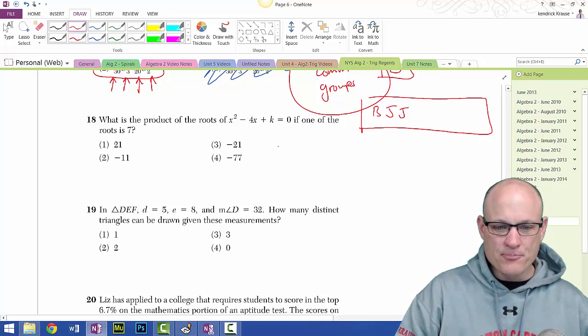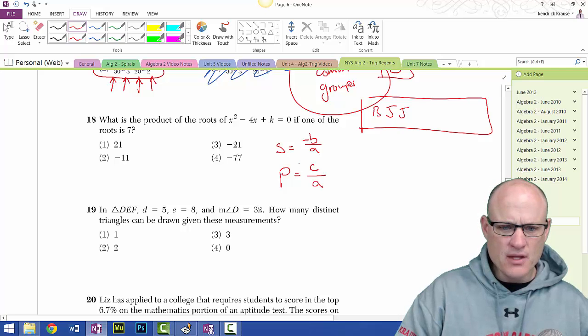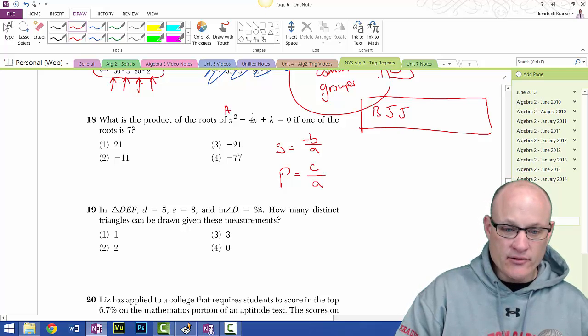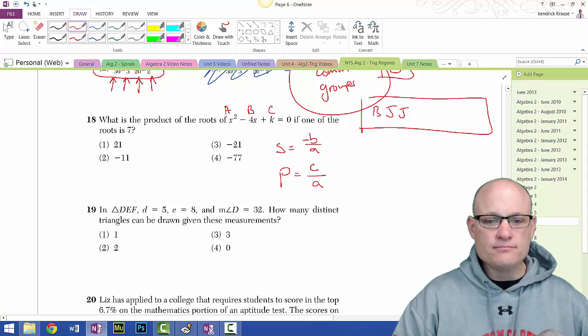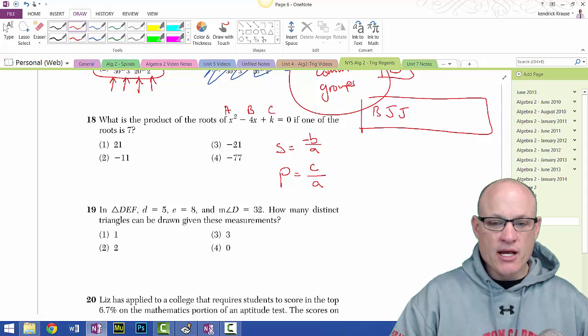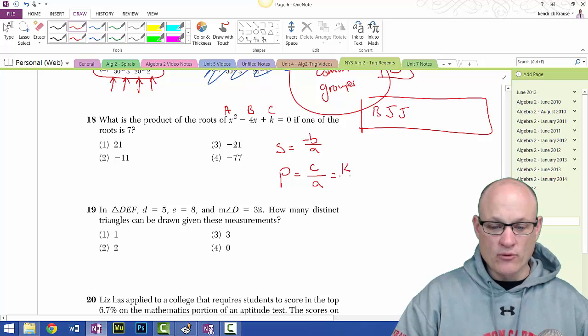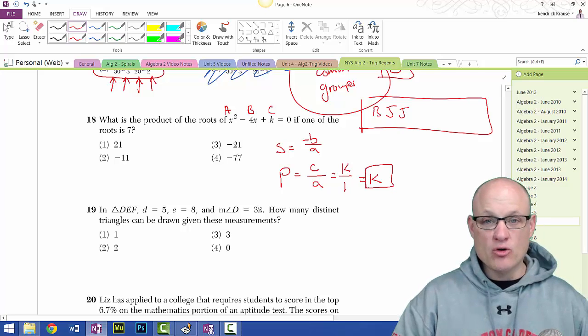All right, so the sum of the roots is negative b over a. And the product of the roots is c over a. This is A, this is B, and this is C. So in this case, the product of the roots is K over 1, or just K. Great.